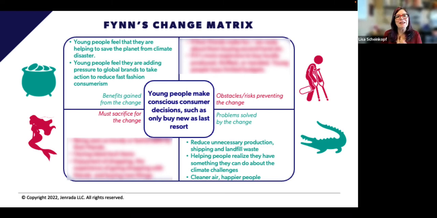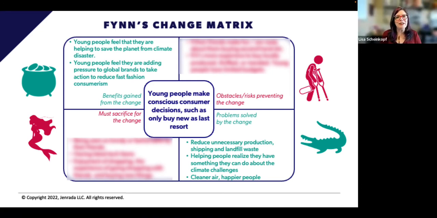And something else that you and I talked about, which may or may not be the case for some young people, is buying less. If I go to the very bottom level and I'm only buying when it's absolutely necessary, how much more money they can have in their pockets because they're not spending it on stuff that they don't need. That could be a huge benefit, even for many of us, right?